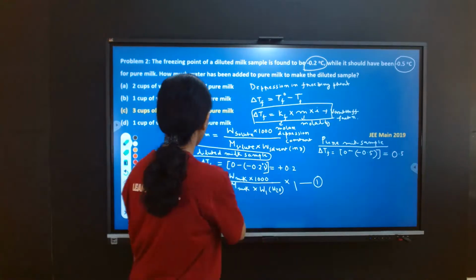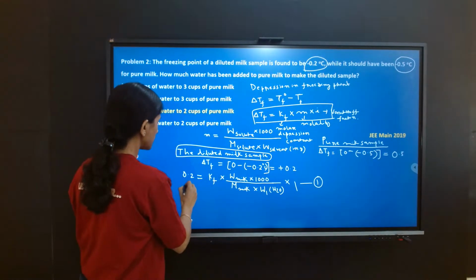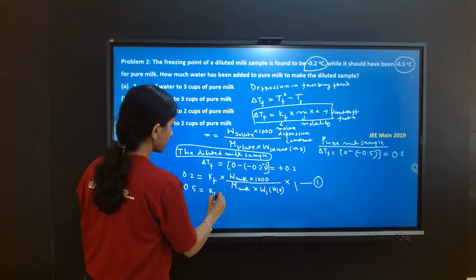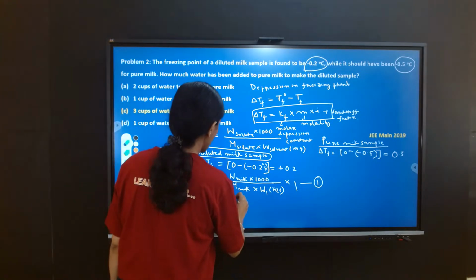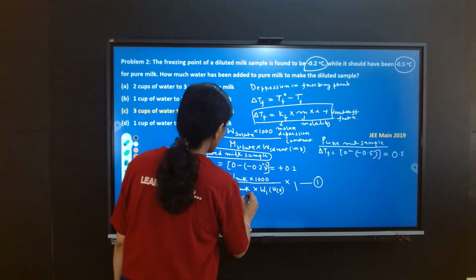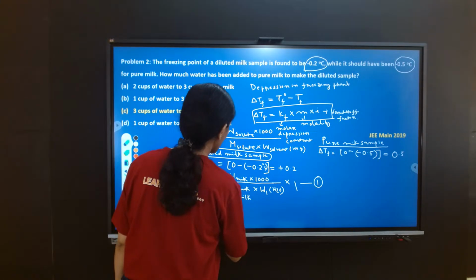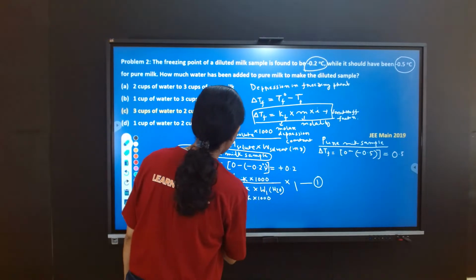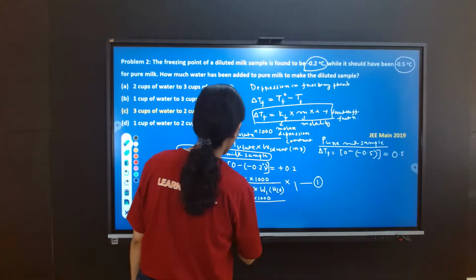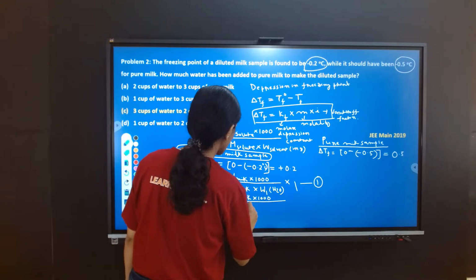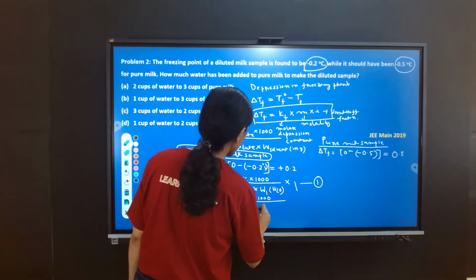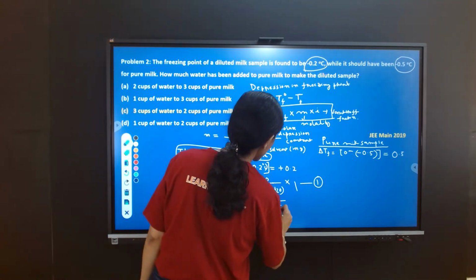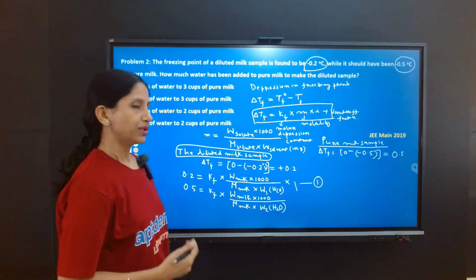Now similarly we can write the expression here, that is 0.5 is equal to Kf times W milk times 1000 divided by mass of milk times W2, which is considered for the pure milk sample.